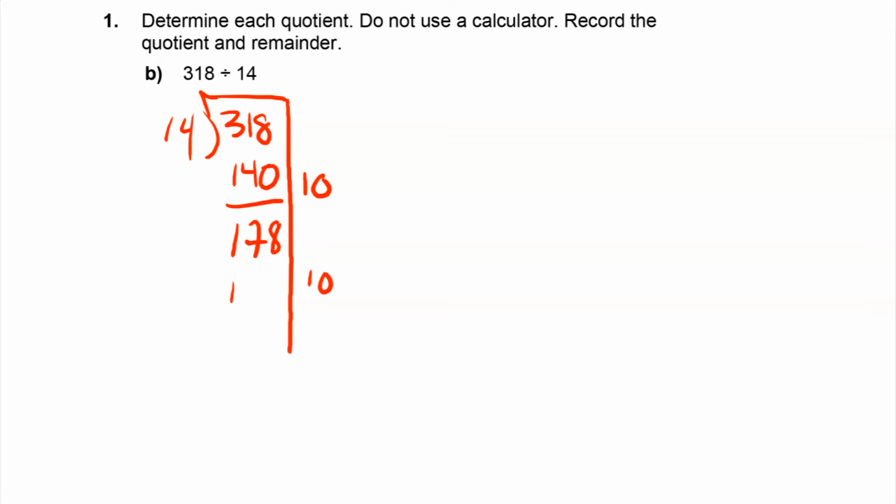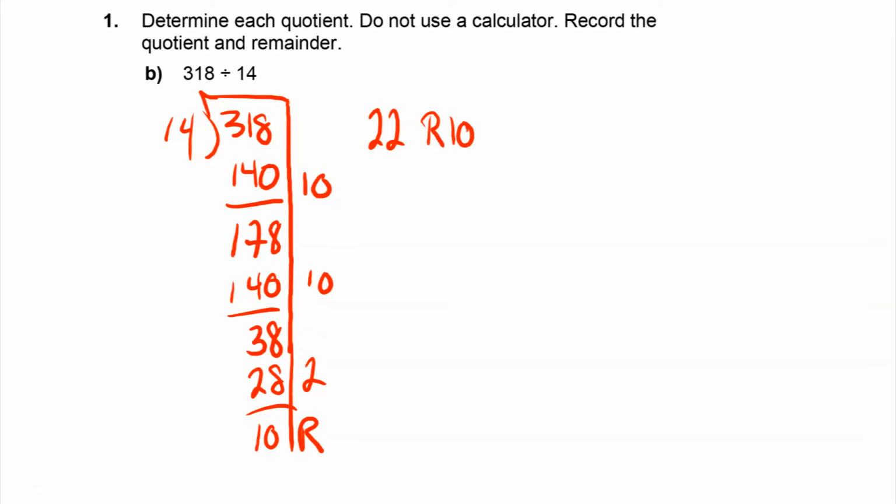So 10 times 14 is again 140, with 38 remainder. I'm going to keep going. This time I'll only do 2, which gives me 28 and 10 remainder. Now I can add this up: 10 plus 10 plus 2 is 22, with a remainder of 10. So 318 divided by 14 is equal to 22 remainder 10.